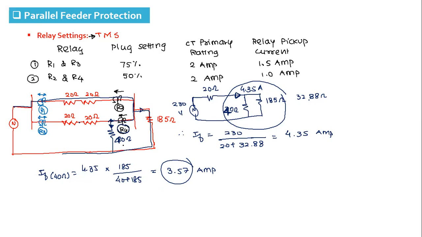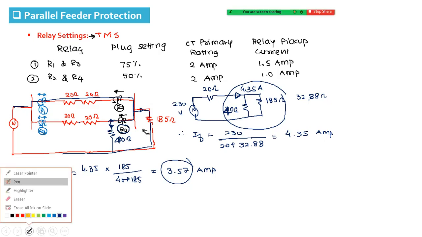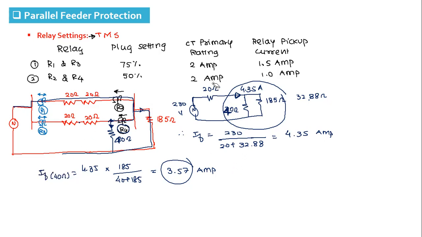Sorry, just a moment. Let me correct it. One more point here. This we have considered as a parallel. Okay. So 4.35 is divided into two parts. Here I'll make a change.